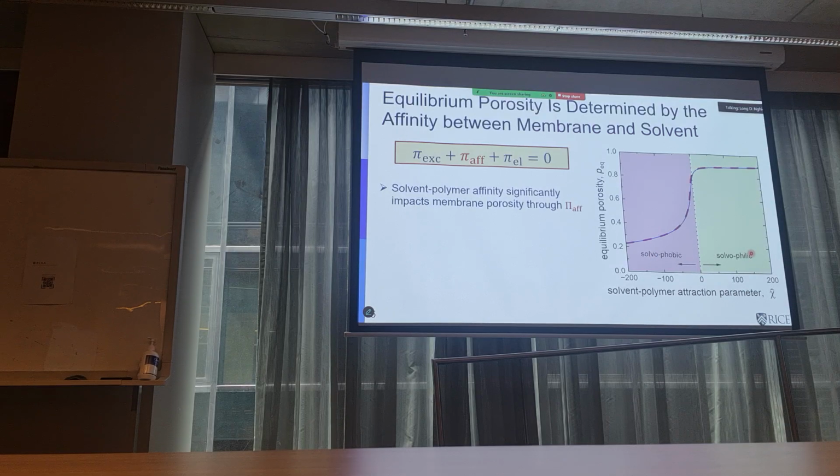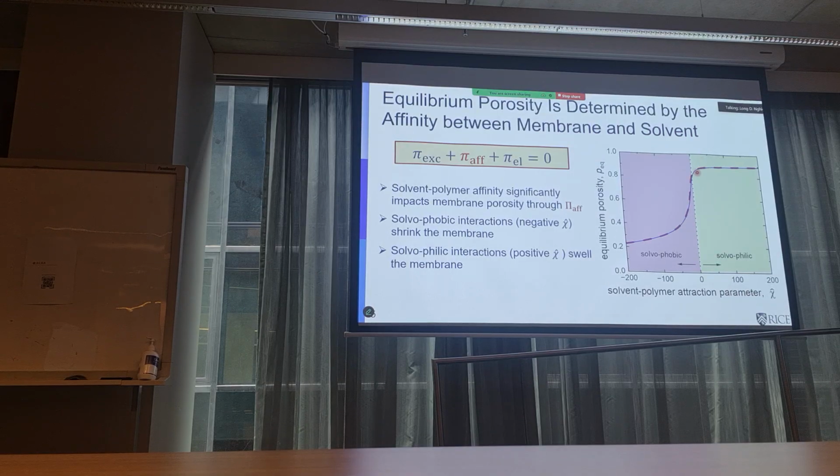If it's solvophobic, like methanol and PDMS, remember we got a lower coordination number because you shrink the membrane. If you go to positive values, it becomes solvophilic, and this was the case for acetone. For acetone I got a coordination number, I think, of 9 compared to 4 or 5 for methanol. So now we can predict the membrane behavior.